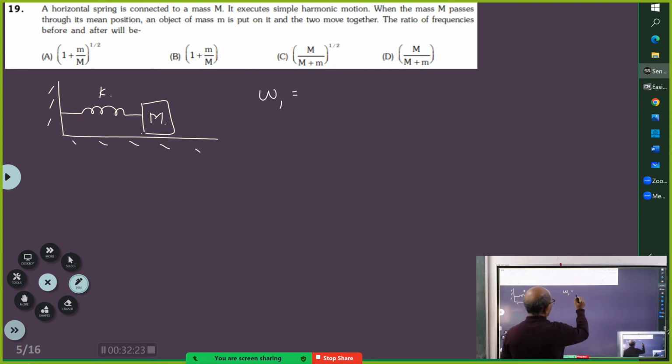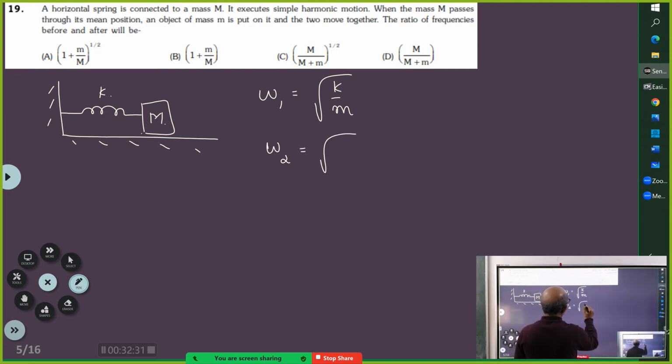Omega 1 will be root of K by M, and omega 2, yes, so that is quite simple, M plus beta. So they are asking you the ratio of the frequencies before and after. So omega 1 upon omega 2.